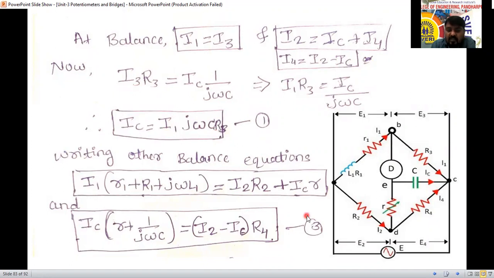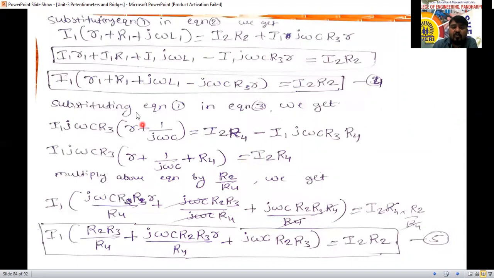By substituting equation number 1 in equation number 3, we get: in the place of IC I have substituted I1 j omega C R3, and this one we have kept as it is, R plus 1 by j omega C, equal to I2 R4, kept as it is, minus IC into R4, where in place of IC we write I1 j omega C R3 into R4. Both sides are multiplied by R4 here.